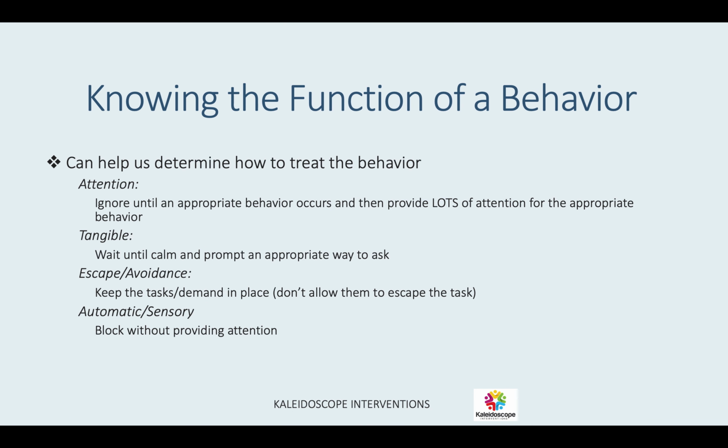All right, knowing the function of a behavior. When we know the function of the behavior, this can help us treat the behavior correctly. If the function of the behavior is attention, when treating the behavior, one would want to ignore the target behavior until an appropriate behavior occurs.